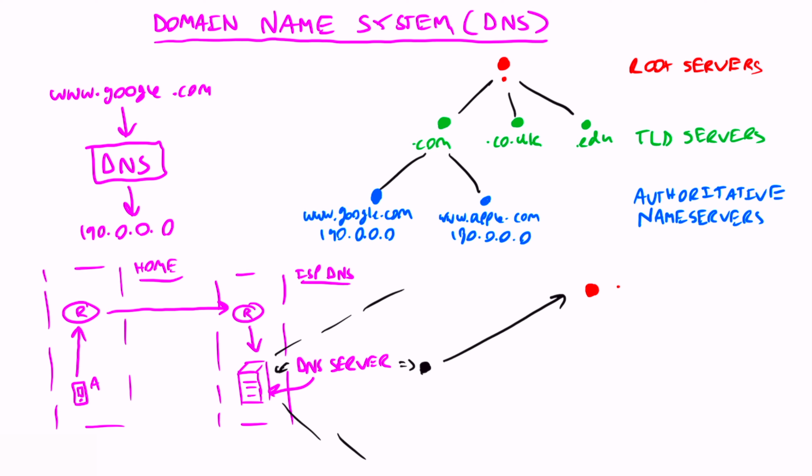So it's going to ask the root server, hey, do you have the IP address for google.com? And as you can see on the tree, the root server does not. So the root server will respond and say, I do not. But what the root server can see is its child nodes, and it can see, okay, since you've asked for google.com, why don't you check out the TLD server?